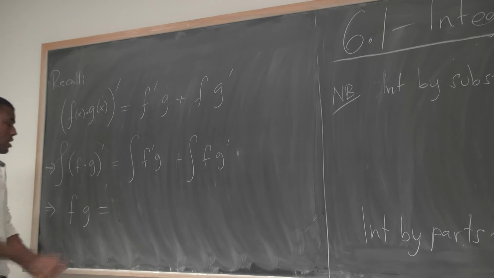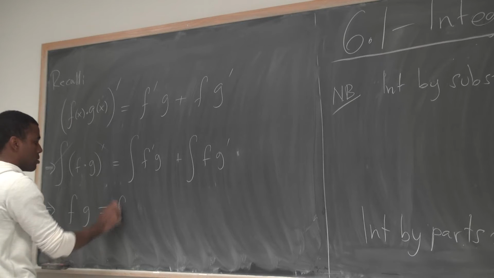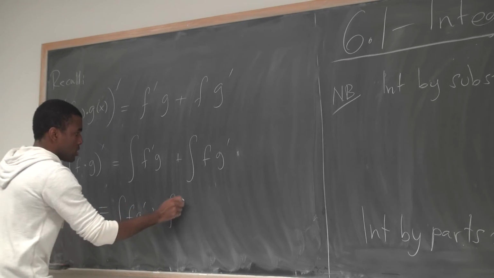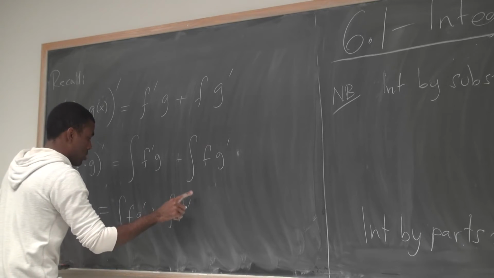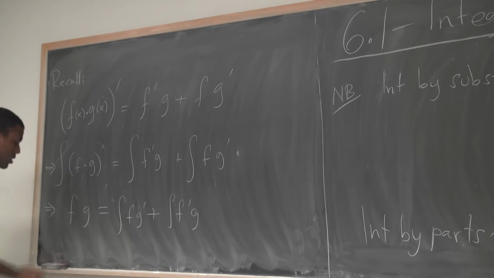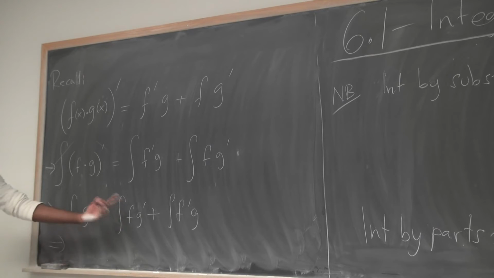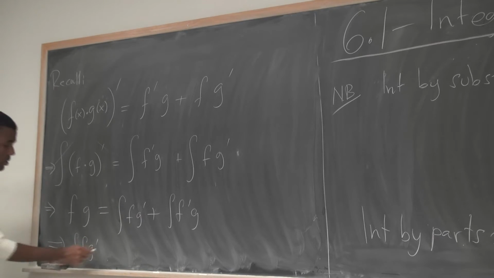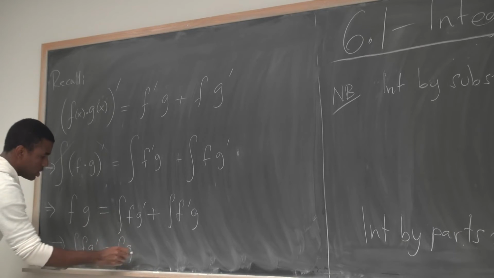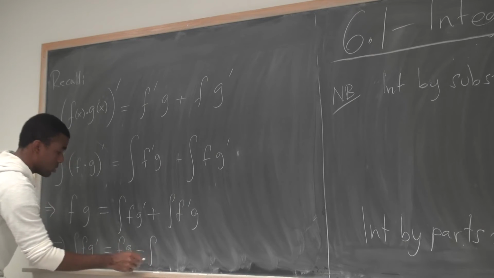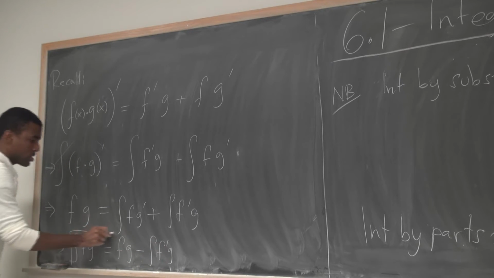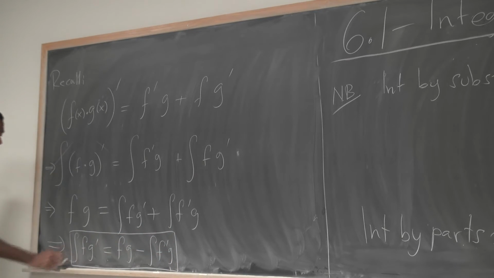And this side, I can pick one of these guys: f g prime plus the integral of f prime g. What you basically do is solve for one of these guys. So I can solve for the integral of f times g prime. That would give me f times g minus the integral of f prime g. This is basically the formula for integration by parts. You just reverse the product rule.